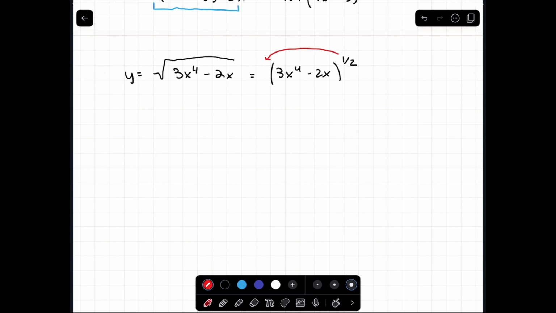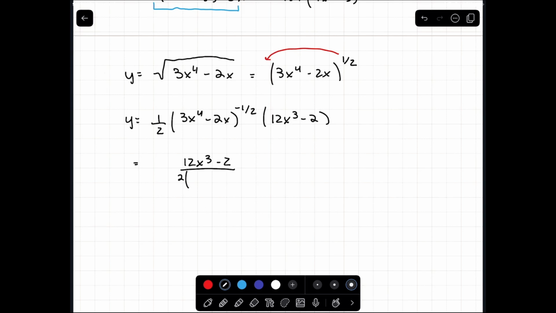So let's move this over here, taking the derivative of the outside, just leaving the inside for now, then taking the derivative of the inside.